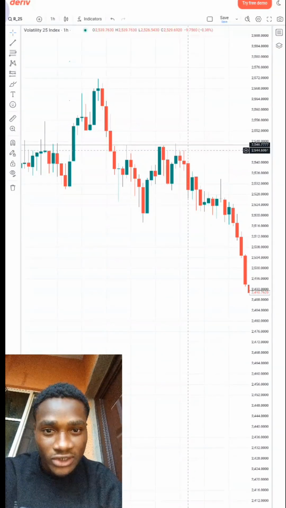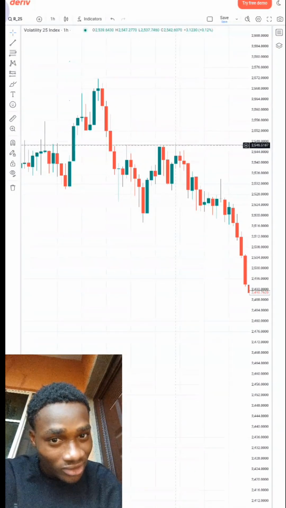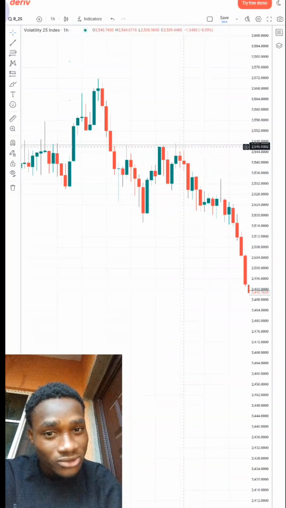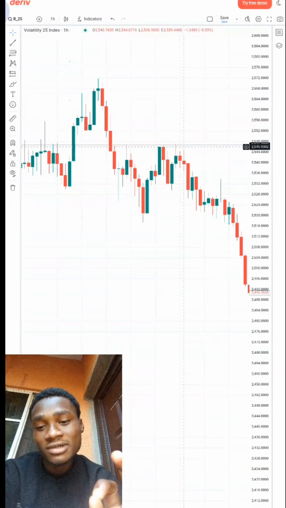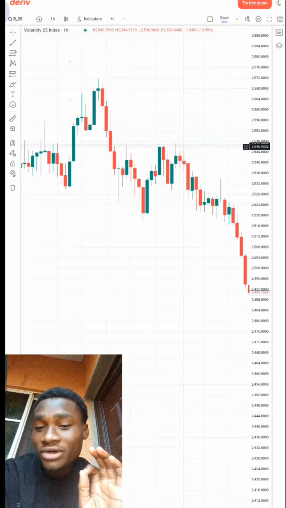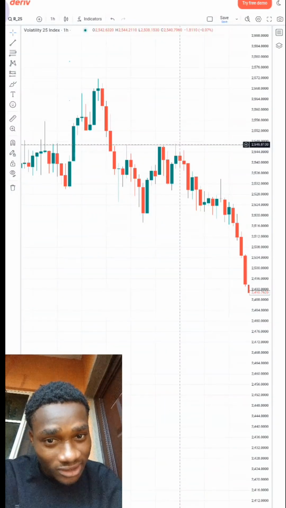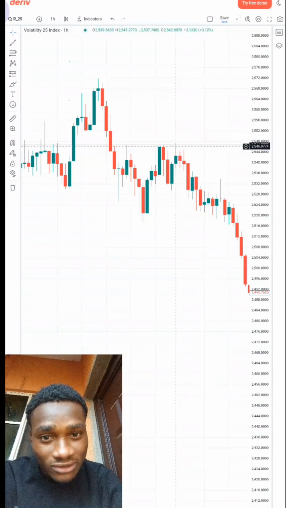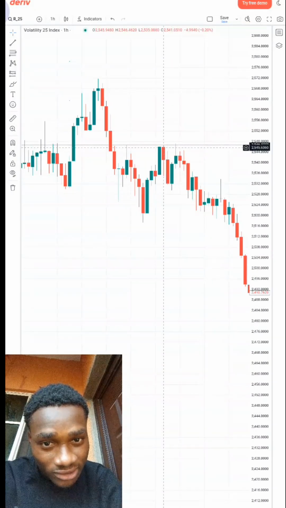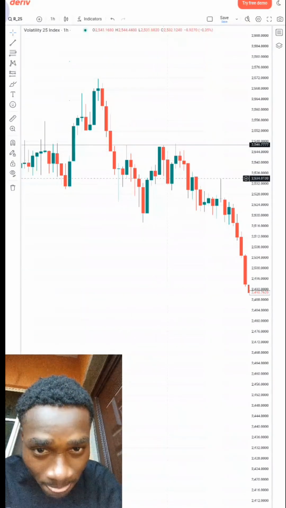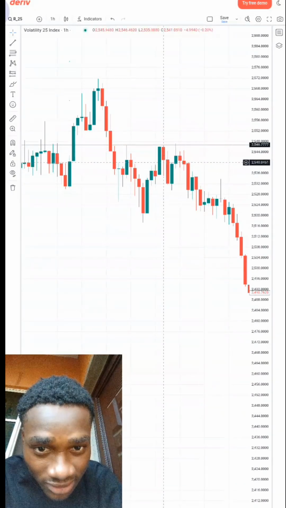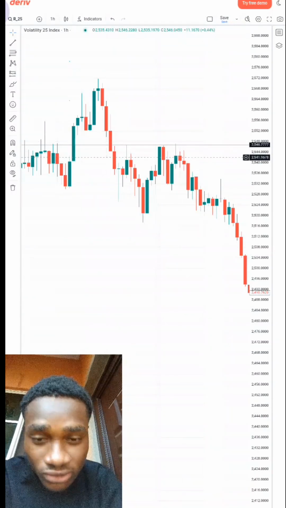Do you understand? Now you see the market came here to break this structure, but the only way you can know this is a manipulation or a valid break of structure is if the market breaks this structure with a full body candle. Now let me show you. This is a full body candle, this green candle you can see here. Yes, this one.